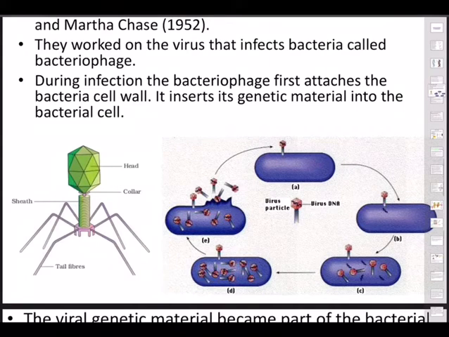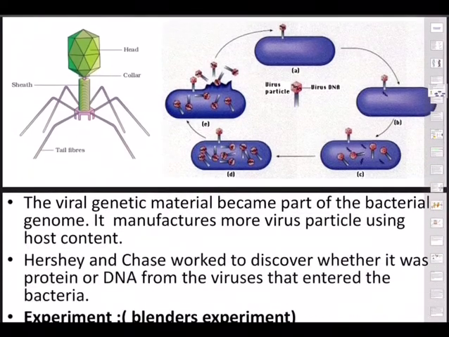How does that happen? As you are seeing in B, there is a way to enter inside through the receptors. And once it goes inside, by utilizing the energy and the resources that are available within the bacteria, the bacteriophage multiplies. Multiple fission happens, and thus inside the body of the bacteria the number of bacteriophages will be n number.